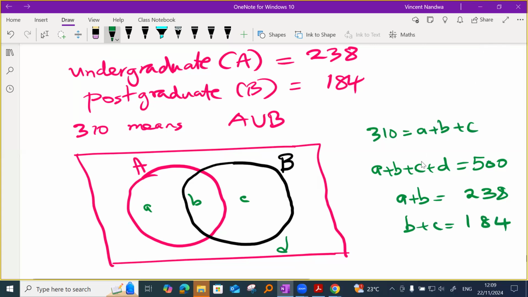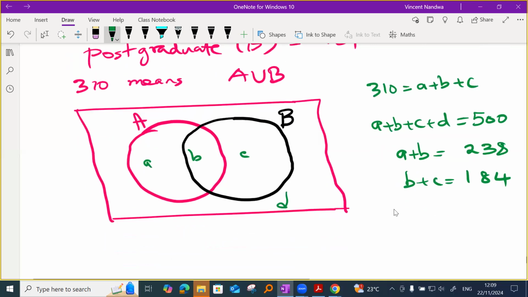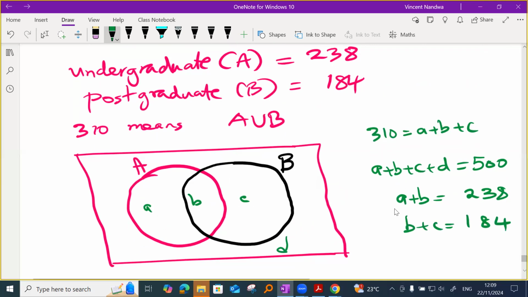Now, can you get for me the value of D? You know A plus B plus C, all inside the circles, gives 310, and the total number within the rectangle is 500. So what is the value of D?